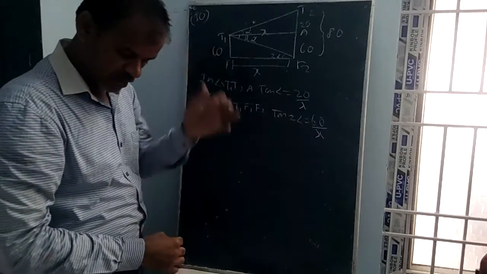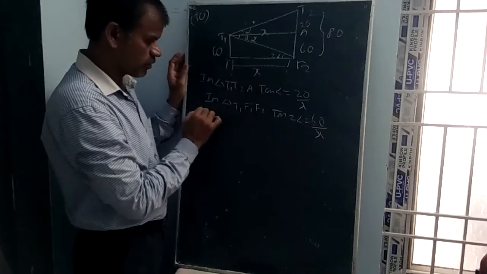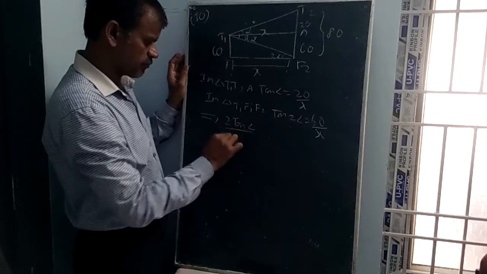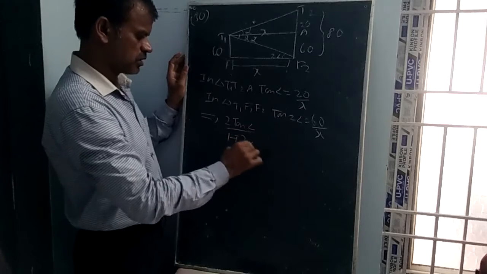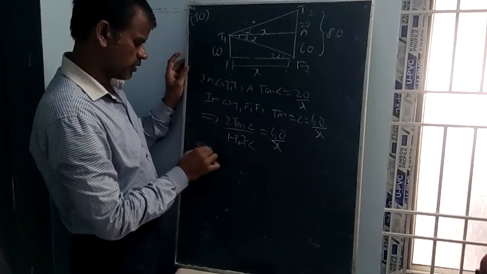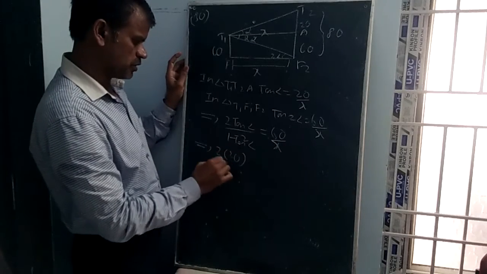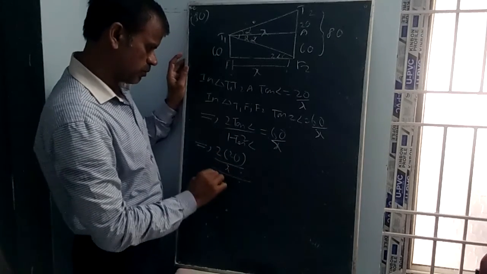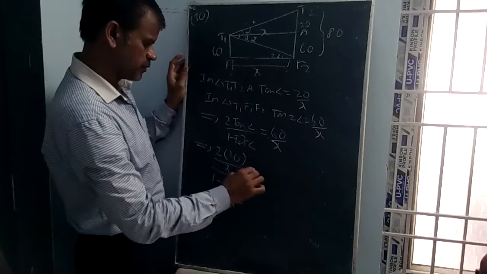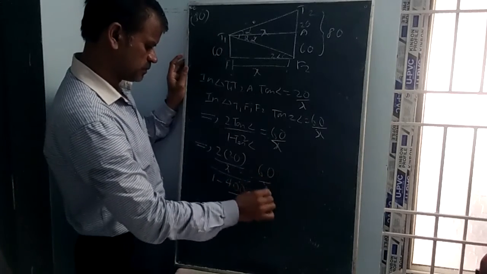We know the formula of tan 2 alpha is 2 tan alpha by 1 minus tan square alpha. So 2 tan alpha by 1 minus tan square alpha equal to 60 by x. Applying the value of tan alpha, 2 into 20 by x whole by 1 minus 400 by x square is equal to 60 by x.